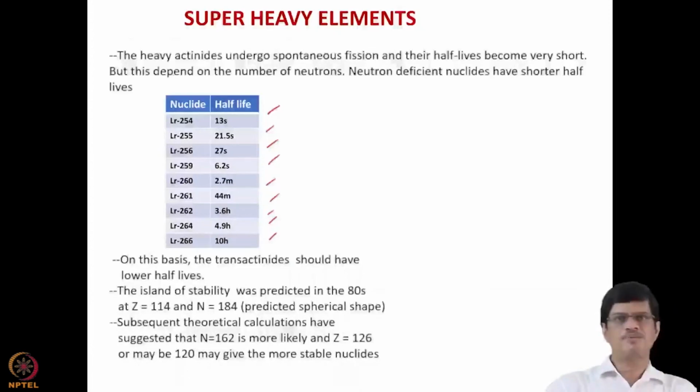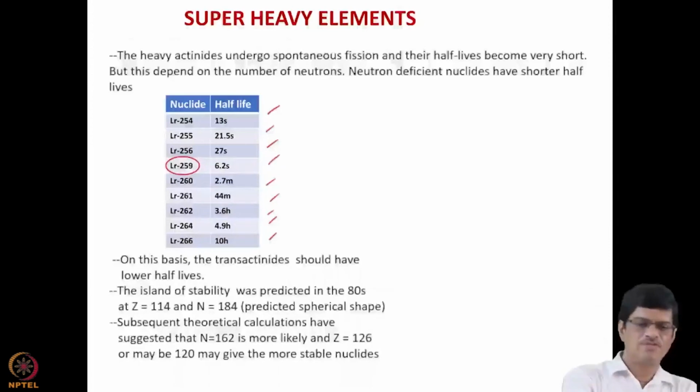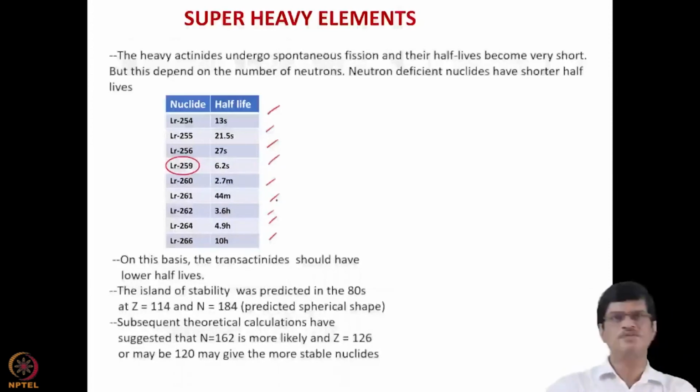So with the exception of 259 lawrencium, you can see that mostly as the neutron number increases, the half-life becomes higher. On this basis, the transactinides should have much lower half-lives because they are heavier radionuclides.